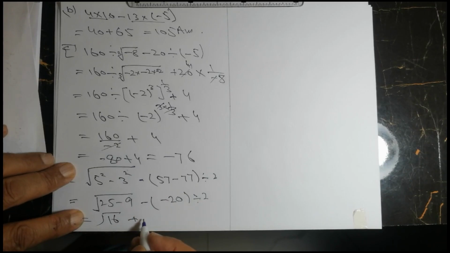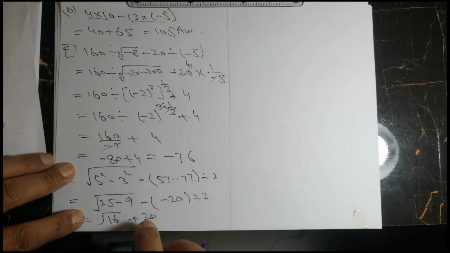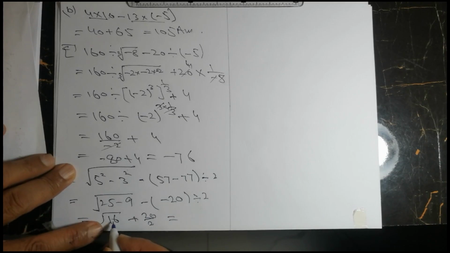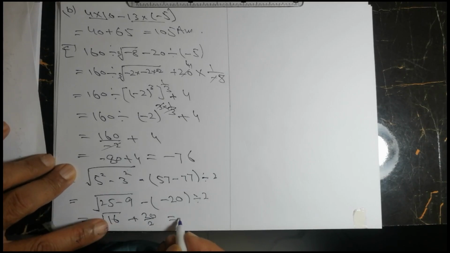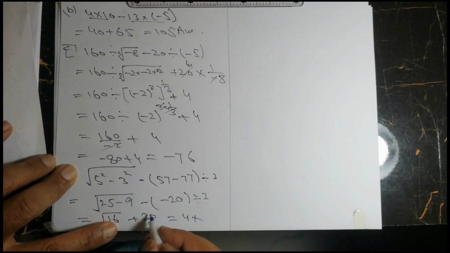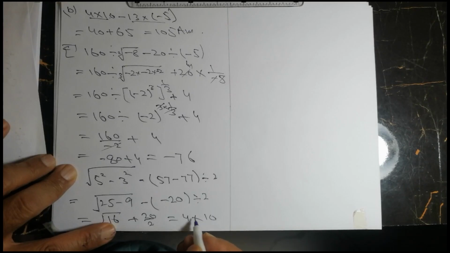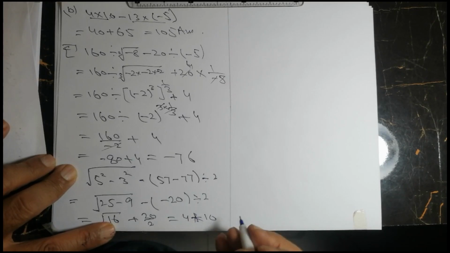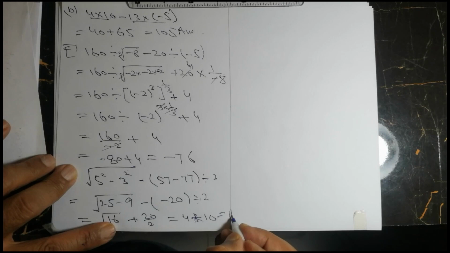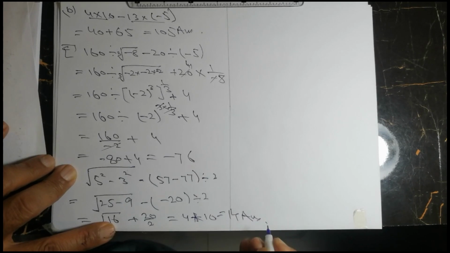Minus 1 into minus 20 is plus 20, and this is divided by 20. Before minus, that is equal to 4 into 4. So 1 4 is out of the square root, and this is plus. So the answer is 14.